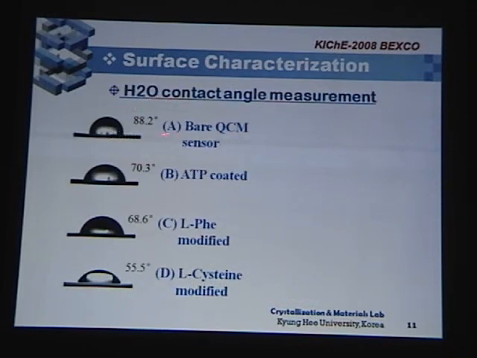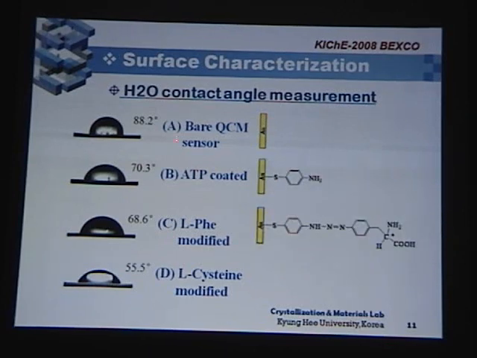And this is the contact angle results. For the bare gold surface, the contact angle is about 88 degrees. After ATP and alpha-phenylalanine modification, the contact angle decreased, showing that the hydrophilicity increased on the sensor surface. This is reasonable because the amino group and the carboxyl group have hydrophilic property.